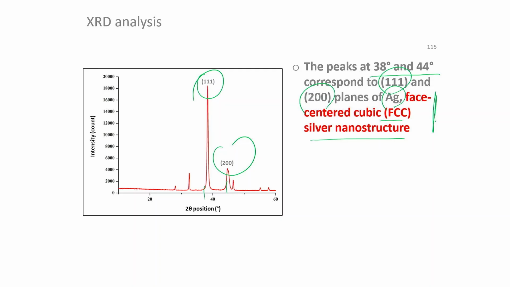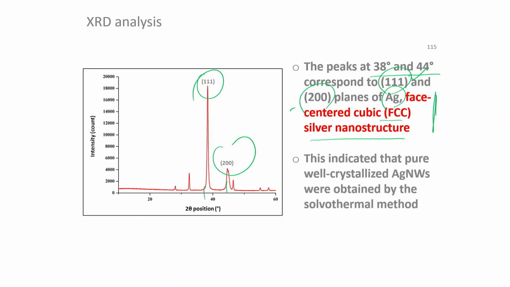This is the confirmation of the presence of silver, and this indicates that pure, well crystalline silver nanowires were obtained by the solvothermal method.